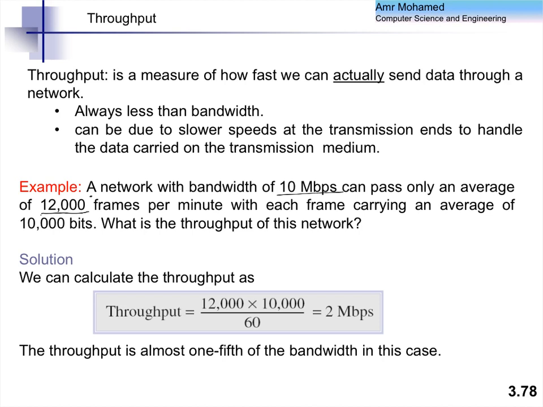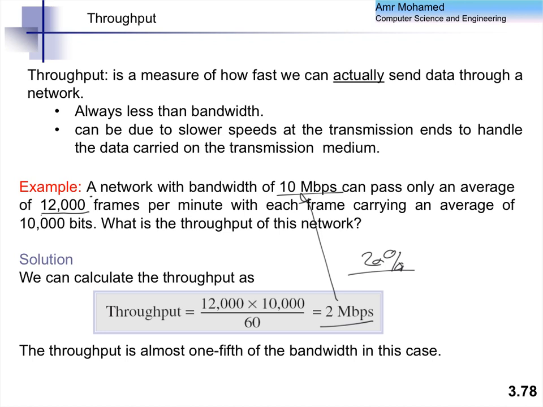If I want it per second, I have to divide by 60. So it becomes 2 megabits per second. 2 megabits per second is only 20% of the actual bandwidth. And that's practical, actually. In practice, yes, the throughput is significantly less.